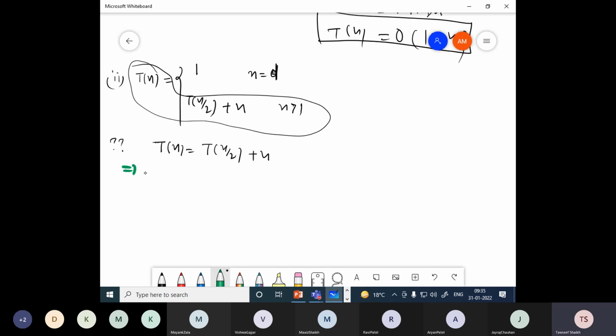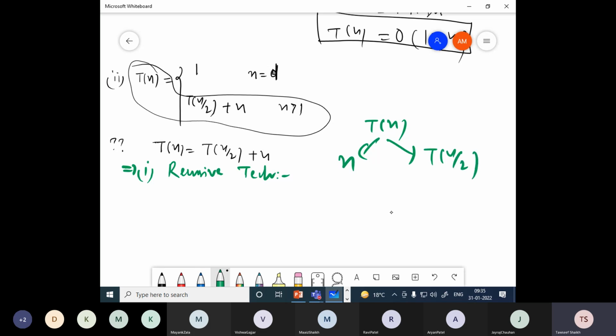To find its solution using pattern number 1, we use the recursive technique. For recursive, again, we will be writing T of n. T of n gives the value n and also calls T of n by 2.